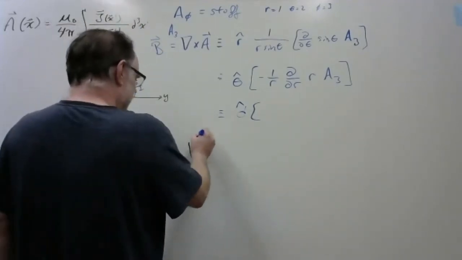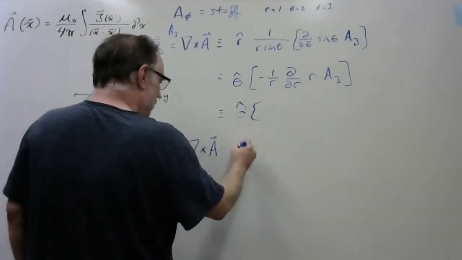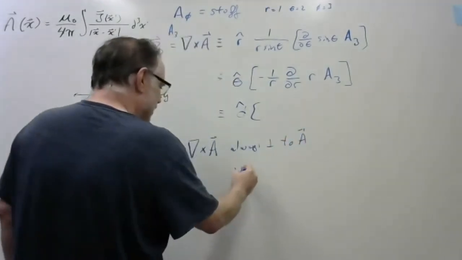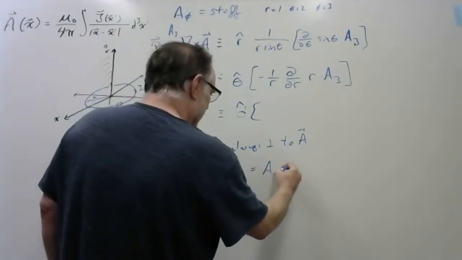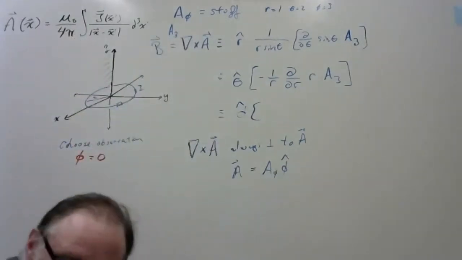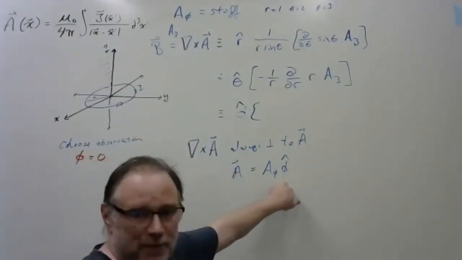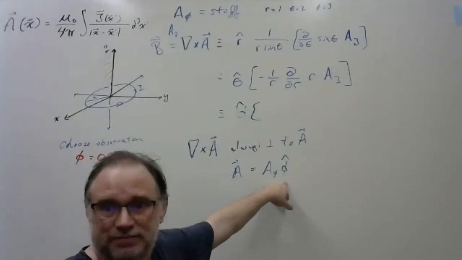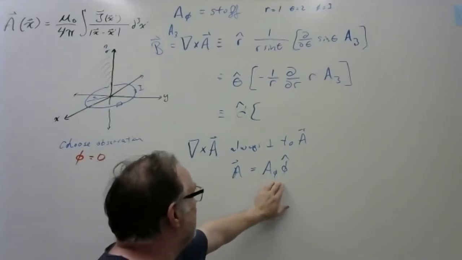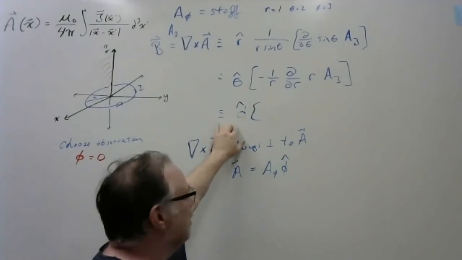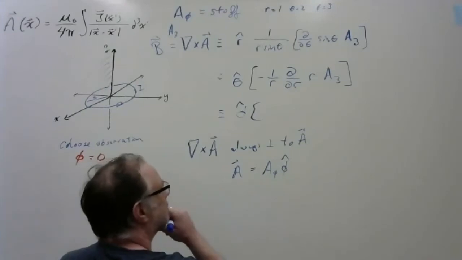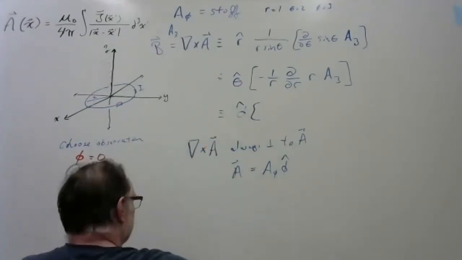The curl of A is always perpendicular to the vector A. The vector A only has a phi component. The curl of A must be perpendicular to this, just by definition of what the curl is. Since it must be perpendicular, the component of the curl must be 0.